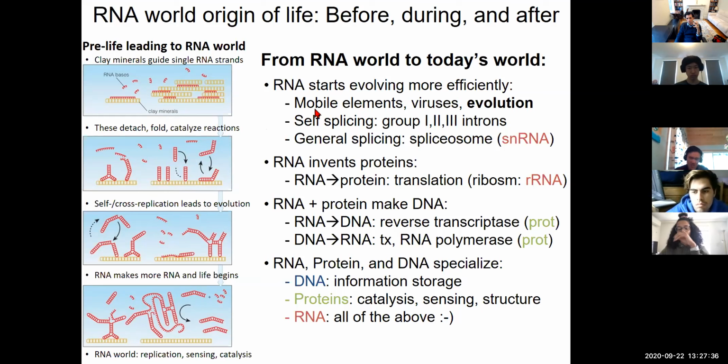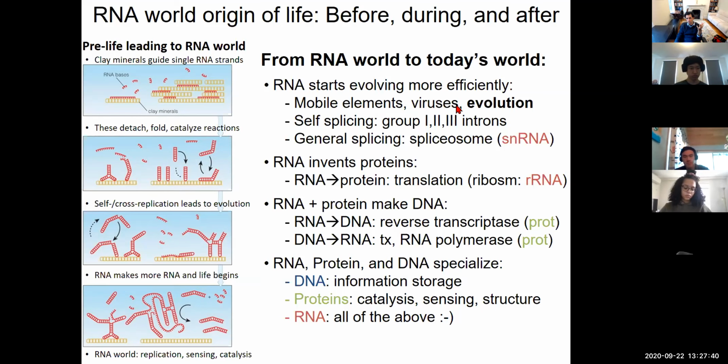So these are still what you see today in mobile elements and in viruses, and eventually you kick off evolution. You then can evolve cell splicing with group 1, 2, and 3 introns. You then can evolve general splicing, the spliceosome, which is still an RNA machine. Eventually, RNA decides that it's tired of doing all the work, and it says, listen, I'm going to make protein.